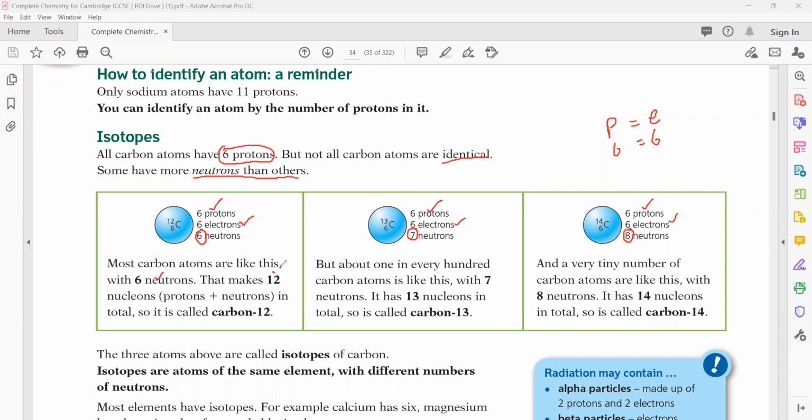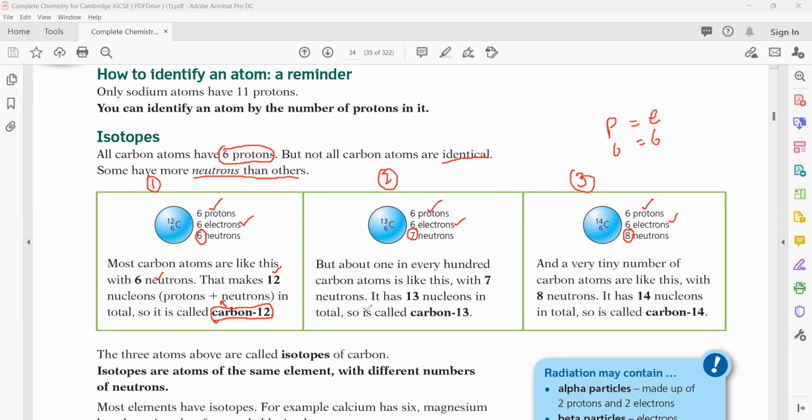They make 12 nucleons, that is, proton plus neutron. So it is called carbon 12. Why carbon 12? Because its nucleon number is 12. You can say this is case number 1, this case 2, and this case number 3.